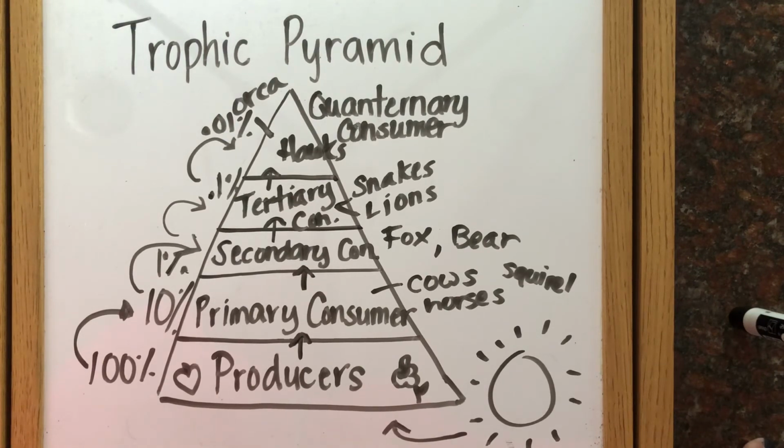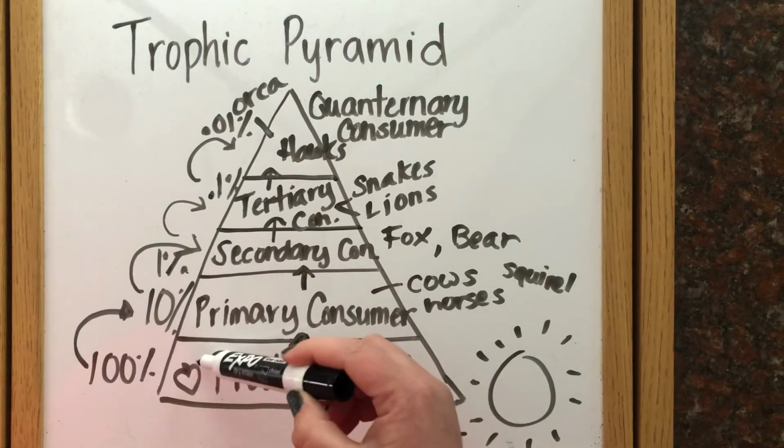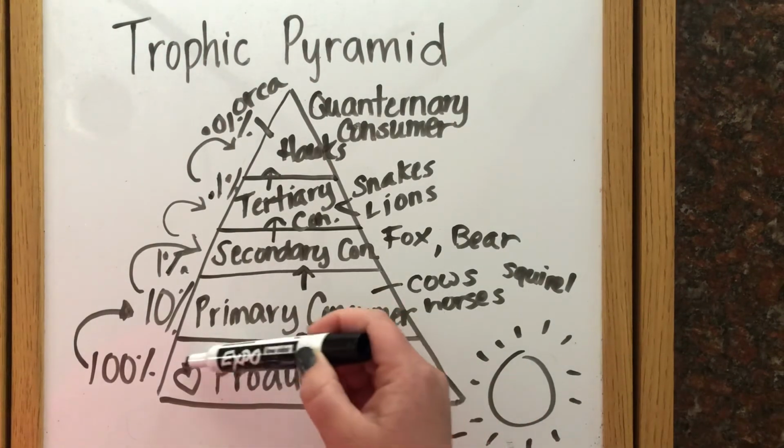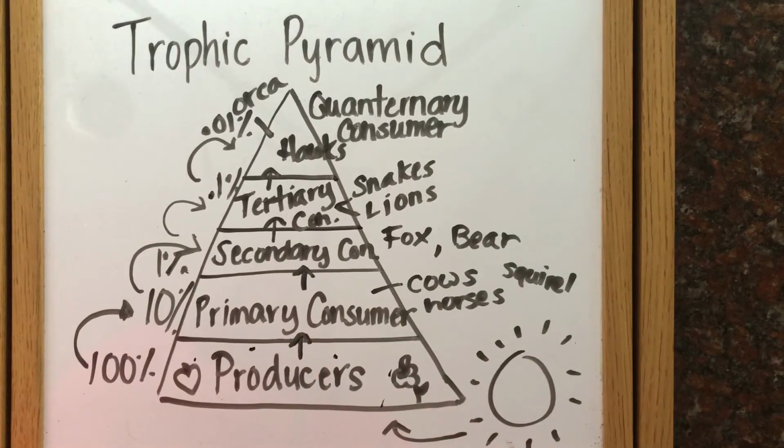So today, you're going to choose an ecosystem that you like, and you're going to research the organisms within that ecosystem. And on that Google drawing I made, I want you to post pictures that you find on the internet of the producers in that ecosystem. So for example, if I chose deciduous forest, like what we live in here in New Hampshire, I would put a picture of a pine tree.